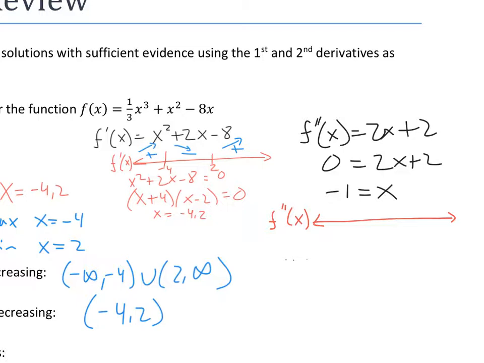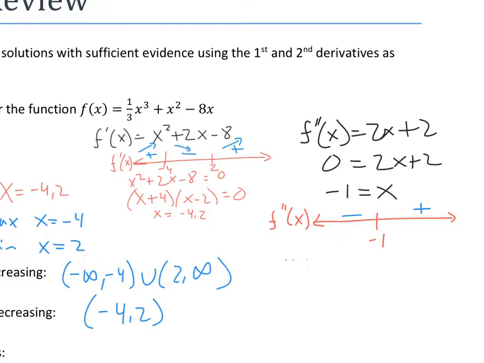And we know that when x is -1, somewhere on the line, we have a critical value. To the left, these are numbers like -2. So if we plug in -2, we get 2 times -2 plus 2. That's going to be negative, right? And if we plug in a number to the right, like 0, well, we're going to get a positive value, okay? And -1 will give us 0.